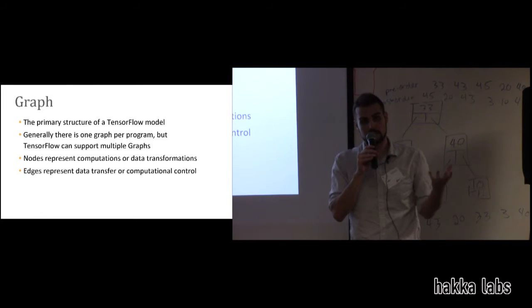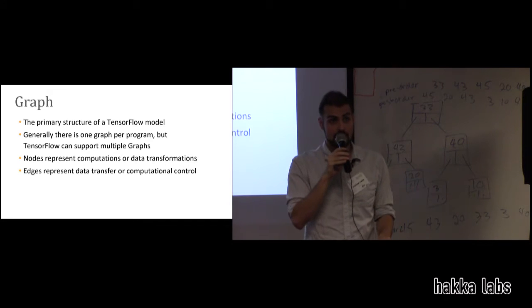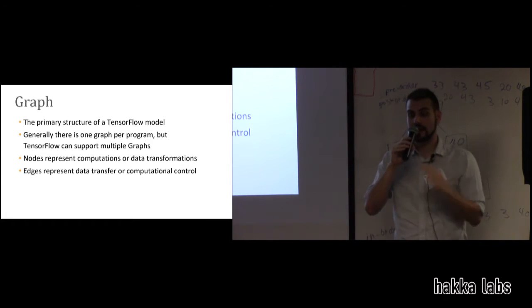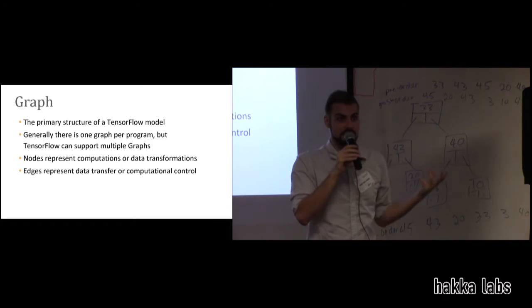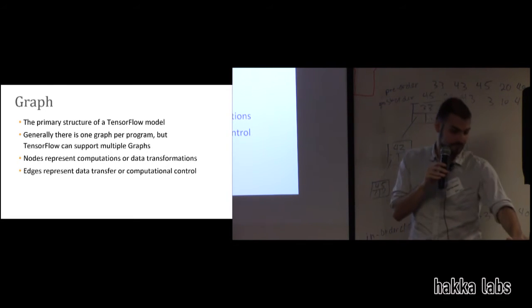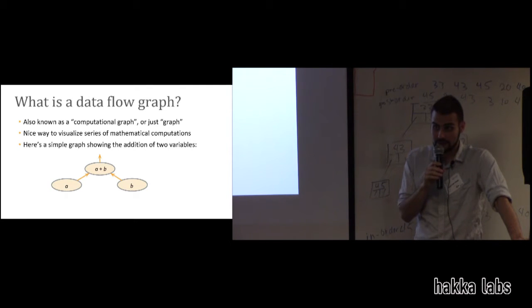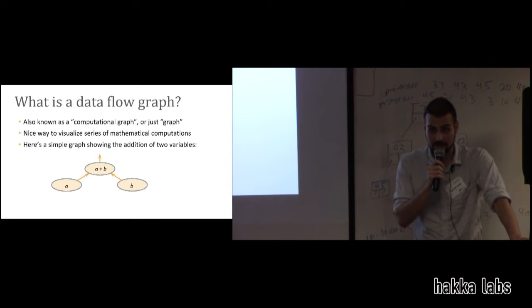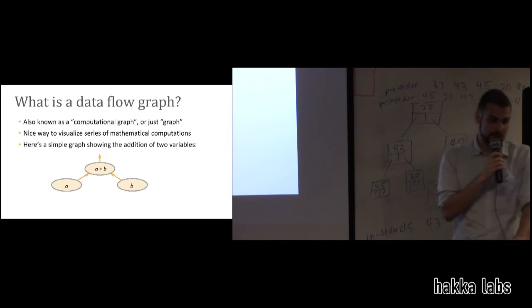So you'll have circles that represent computations like add or multiply or matrix multiply, and then the edges between them, the lines connecting those, are arrows saying, okay, the output from this addition is going to move on to the next node, which might be multiplication. Okay, so we're going to basically go through this. Hopefully this isn't too dull, but I don't want to leave anybody behind if people haven't seen graphs in mathematical form before.